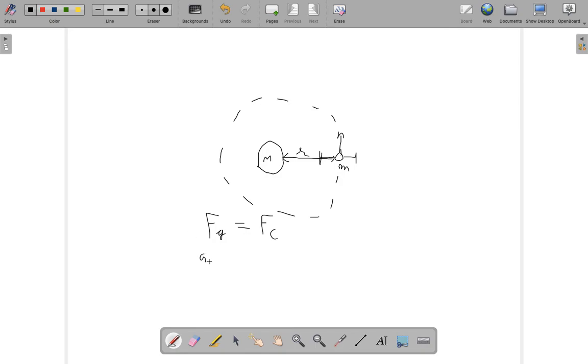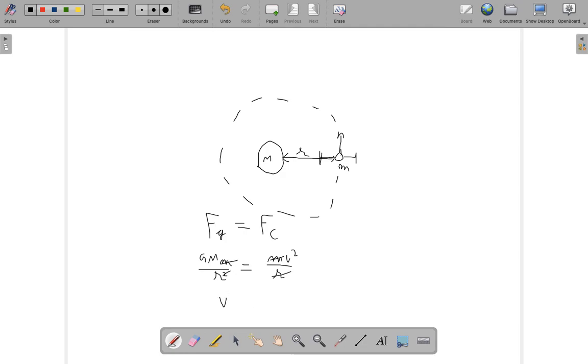And you can equate that, you can do GMm over r squared equals to mv squared over r, as we found out in the previous part. These two m's cancel out, that r cancels out, removing the square over here.